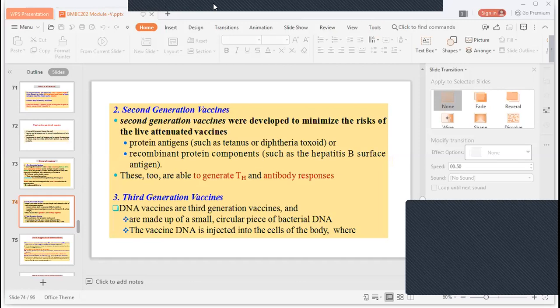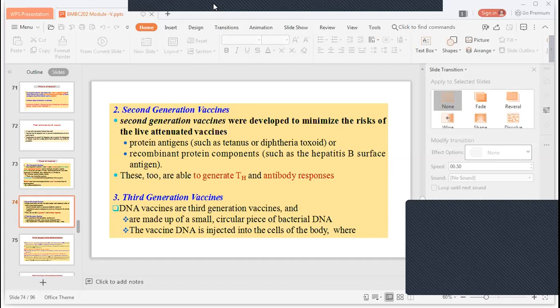So to minimize that risk, here we are using the form of protein antigens such as tetanus, diphtheria toxoid, or else recombinant component of hepatitis B surface antigen, HBsAg. These surface proteins, or recombinant protein components, are able to generate T helper cell as well as antibody responses.